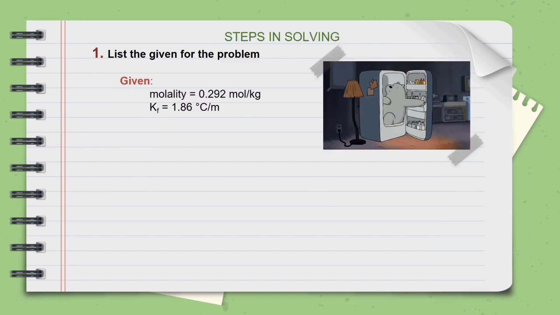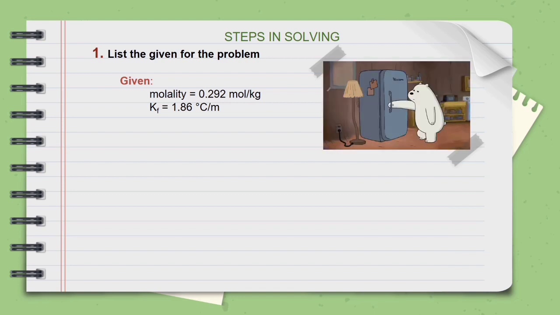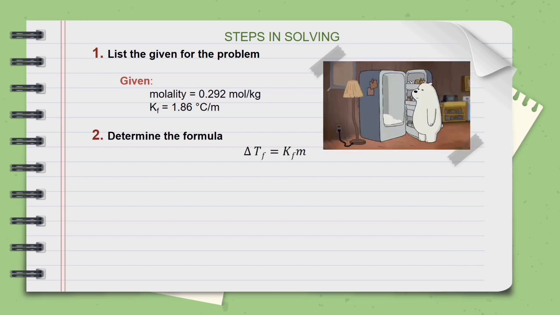Firstly, we're going to list the givens for the problem. So given is molality, which we got from problem number 1, is equal to 0.292 mole per kilogram. And the Kf of water is 1.86 degrees Celsius per molal. Step number 2, to determine the formula, delta Tf is equal to Kf m.